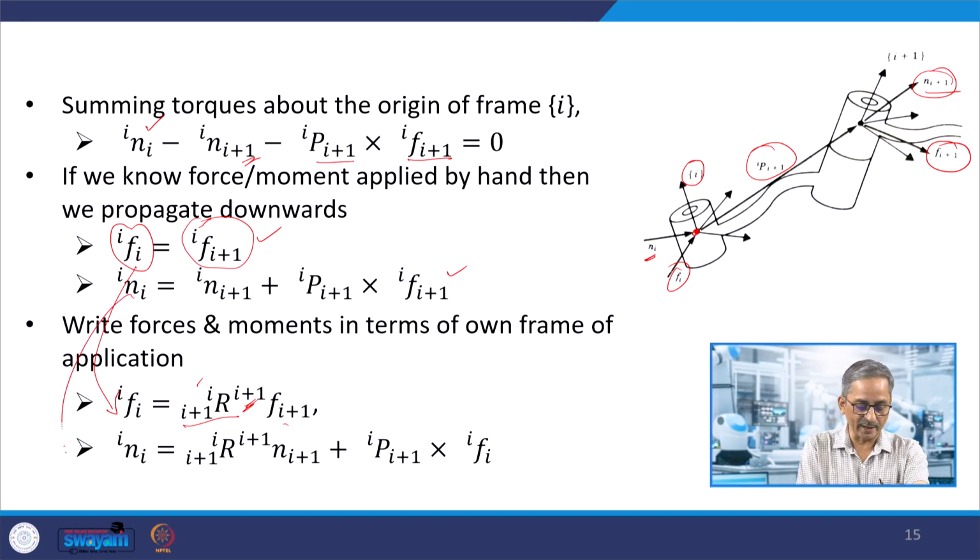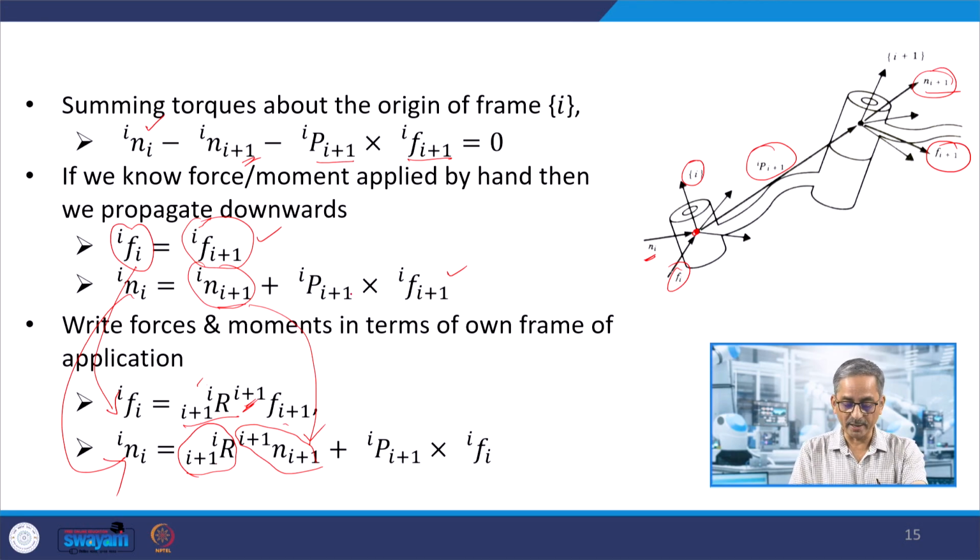Likewise, I can do this one: this is N(i+1), expressed in terms of its own frame, so I need an additional rotation matrix from i plus 1 to the ith frame. And this F(i+1) with respect to i is the same as Fi, so I write it like this, and the rest will be as it is.